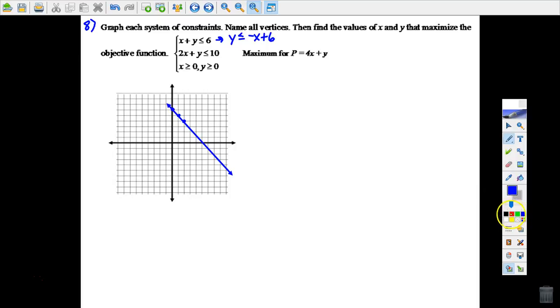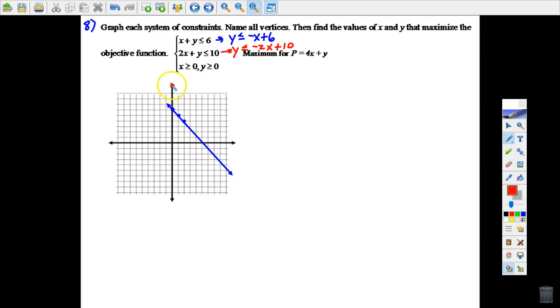Now let's do the red. We're going to solve this for y by subtracting 2x. y is less than or equal to negative 2x plus 10. So this has a y-intercept of 10, so we're going to have to go up 1, 2, 3, 4, 5, 6, 7, 8, 9, and we'll just call it right there.